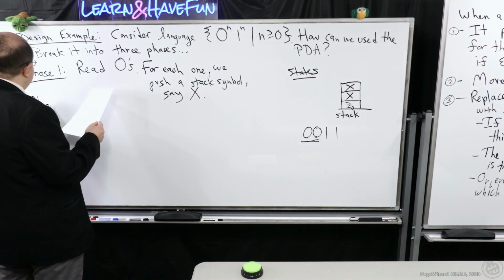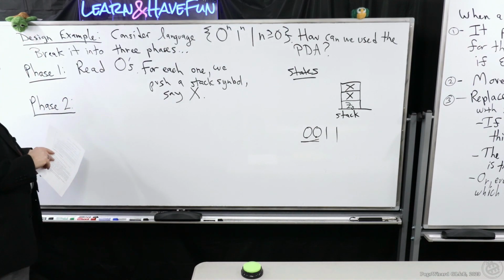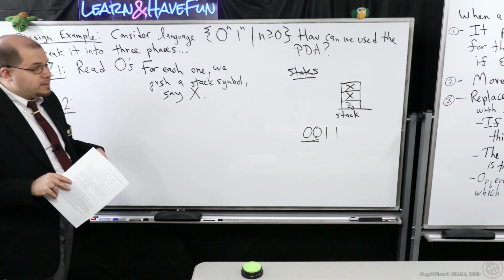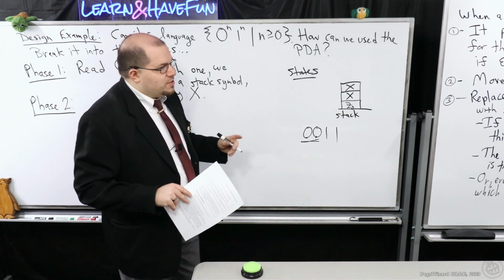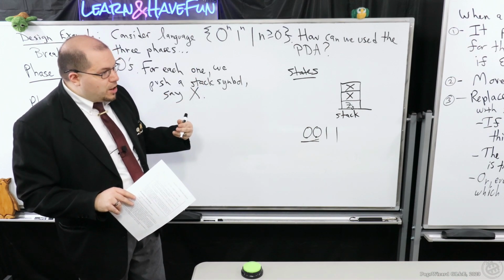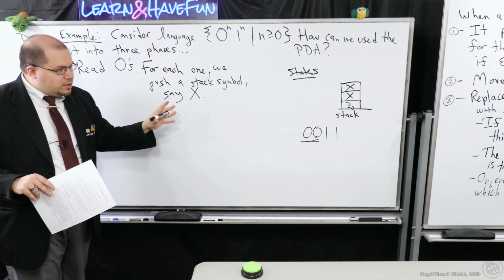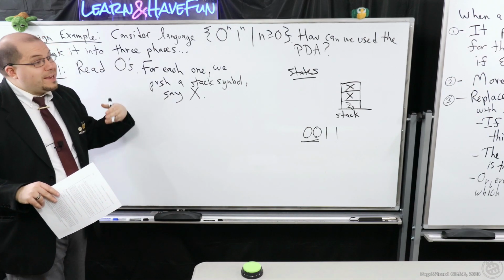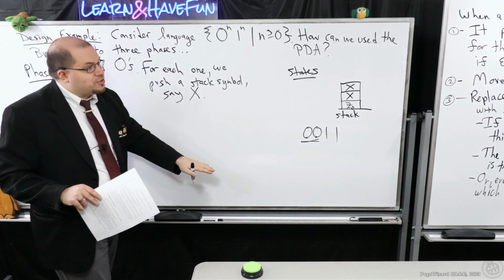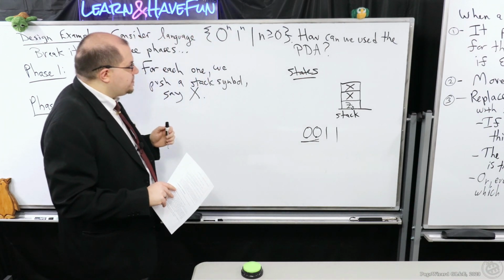Does anybody have any ideas of what we could do with phase 2 then? So now all we have left, what's left to consume? One thing that is often helpful when you think about designing these pushdown automata is to think about what the form of the string has to look like and try to take advantage of the structure that string has when you're coming up with this PDA.